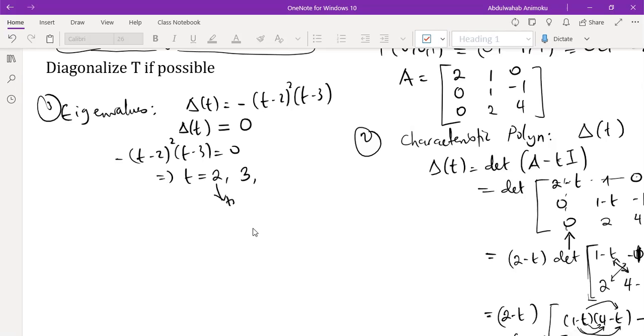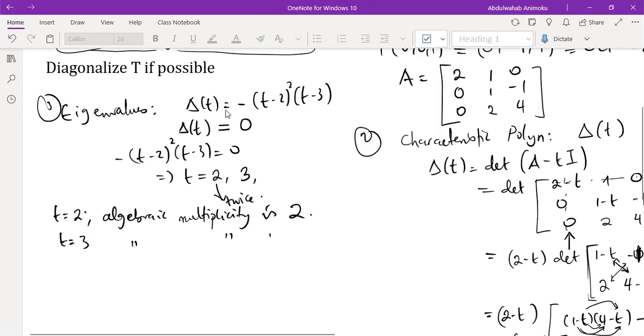But 2 occurs twice, right? We have a factor repeating itself there. Now, what this means is that for t equal to 2, the algebraic multiplicity is 2. And for t equal to 3, the algebraic multiplicity is 1.